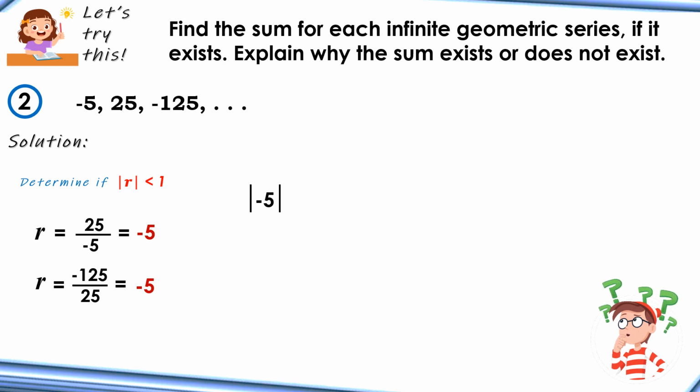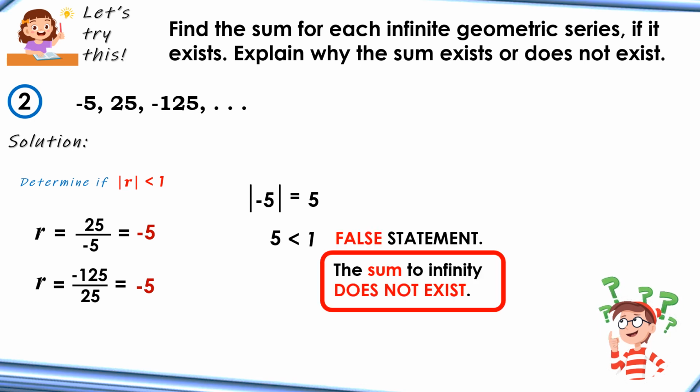So, we have the absolute value of negative 5 is positive 5. So, absolute value yan. We're talking about absolute value. So, is positive 5 less than 1? So, itong statement natin ay false statement.